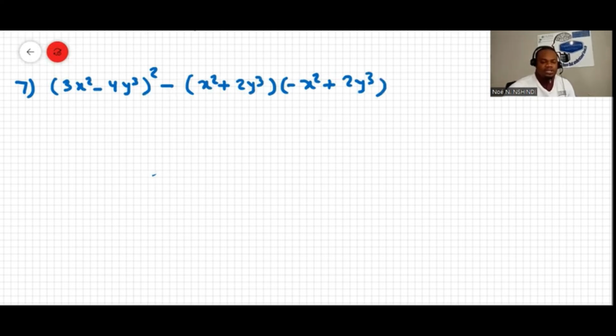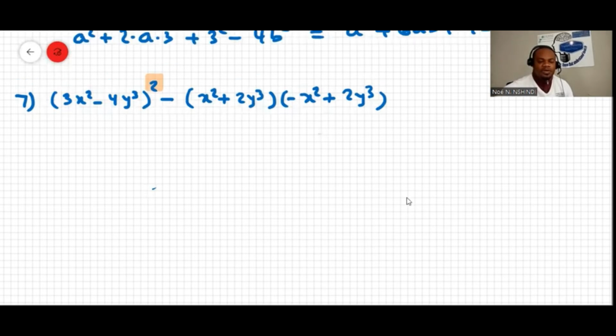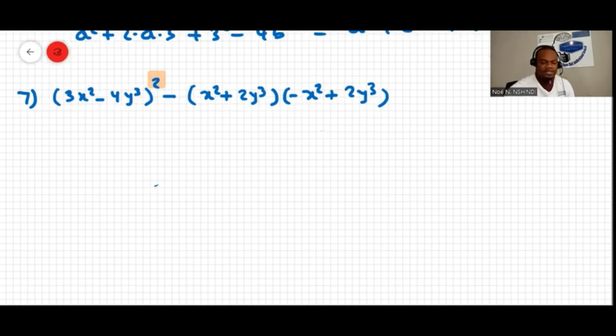When I look at what is on the left here, it is a perfect square because it is raised to the power of 2. There is a property that we learned about perfect squares. When we have a minus b to the power of 2, this is equal to a squared minus 2ab plus b squared.